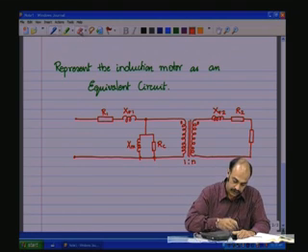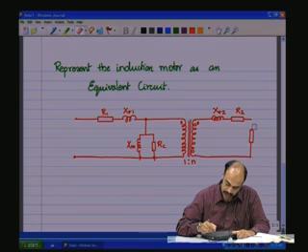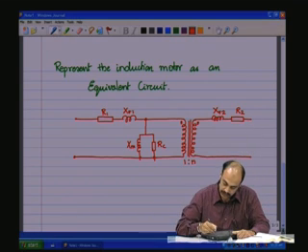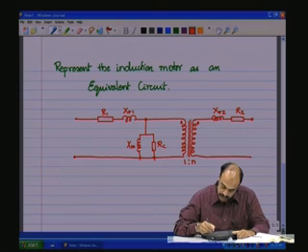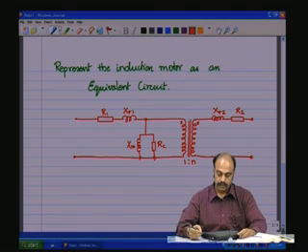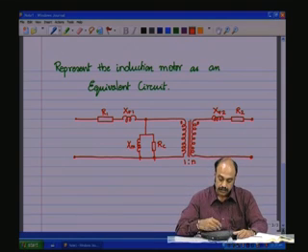But we are just indicating up to the terminals, so let us say we take only up to the terminals. External circuits need not come into the picture. So this is the way the transformer has its equivalent circuit.